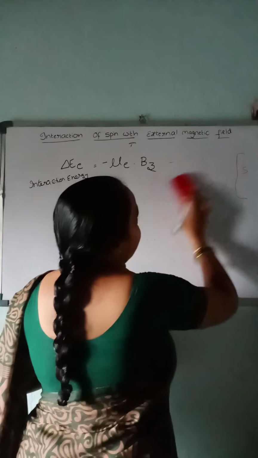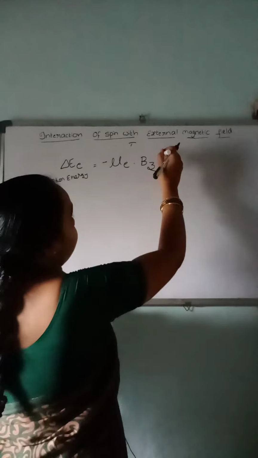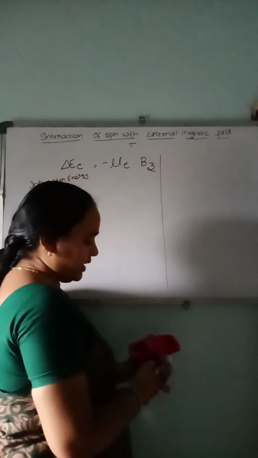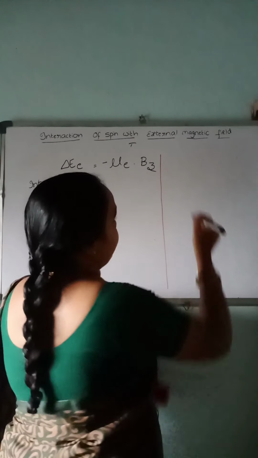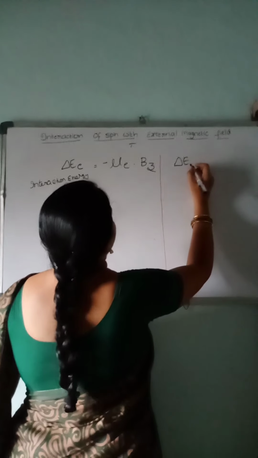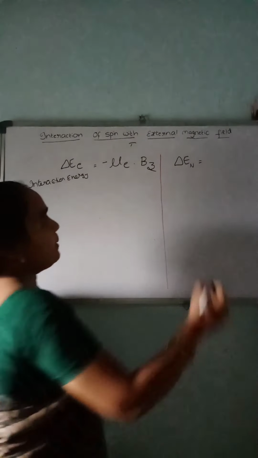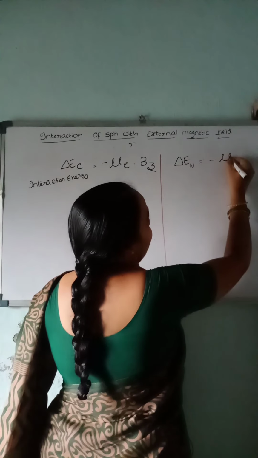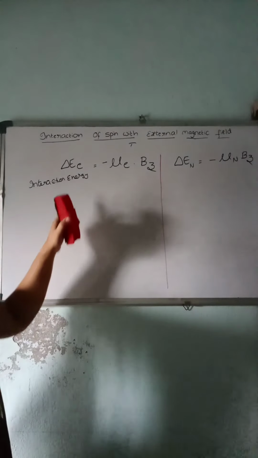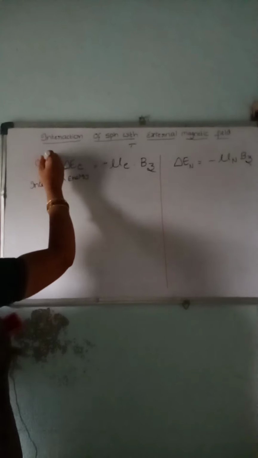Similarly, the nucleus will also possess some magnetic dipole moment, so there is some interaction between this nuclear magnetic dipole moment and the external magnetic field. This nuclear interaction energy can be written as minus mu n Bz.